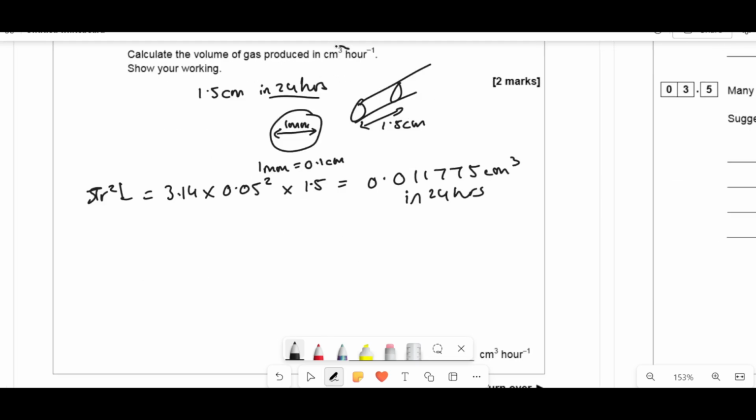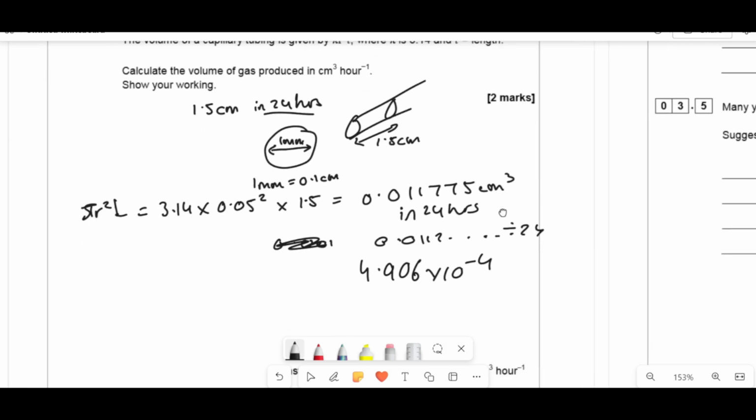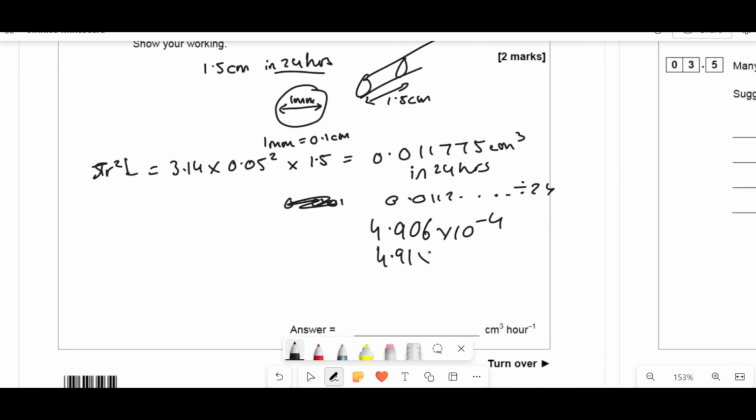They want you to work it out in centimeters cubed per hour, as in 1 hour gives how many centimeters cubed. We've done 24 hours, right? So if we want 1 hour, you're going to do 0.011775 divided by 24. If I do that, we get 4.906 times 10 to the minus 4, but we should try and stick to the number of significant figures the question has given us, which is 3 max. So 4.91 times 10 to the minus 4, and there you go.